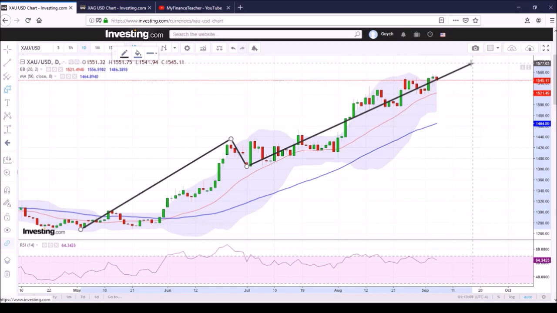But as I mentioned, sometime by the second half of September, I expect the declining phase of this second short-term daily cycle to start, and that would probably bring us to retest the 50-day moving average. That's a possibility, maybe somewhere at about 1500 or 1480.